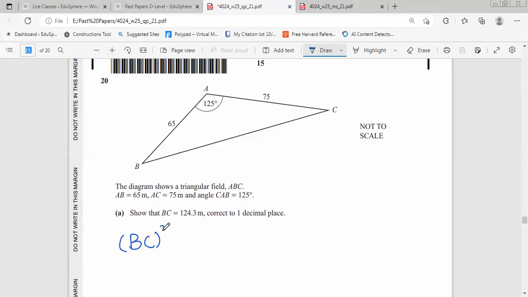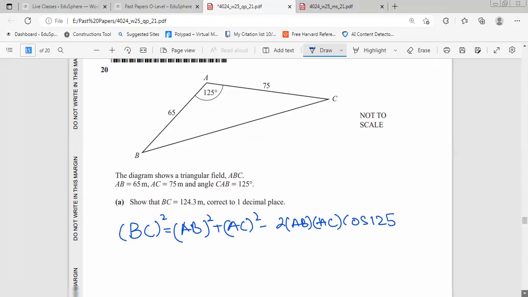So BC square should be equal to AB square plus AC square minus 2 times AB into AC into cos of 125. This is what we have to do.